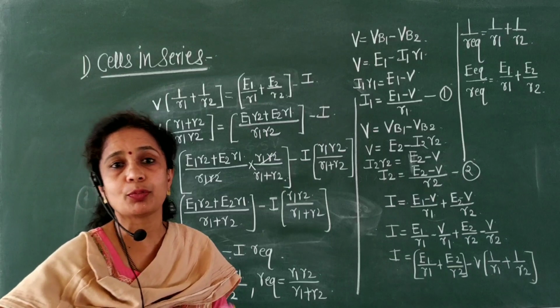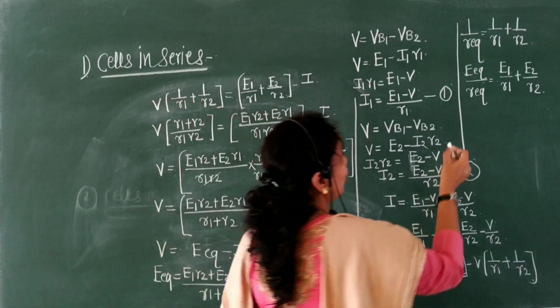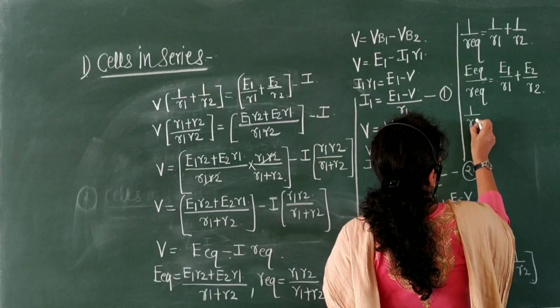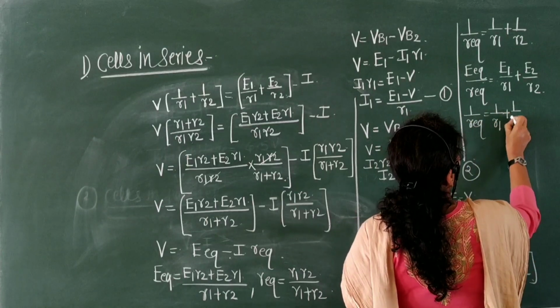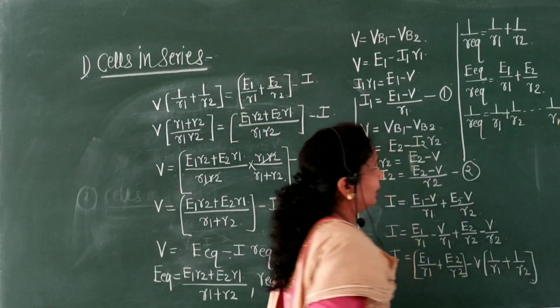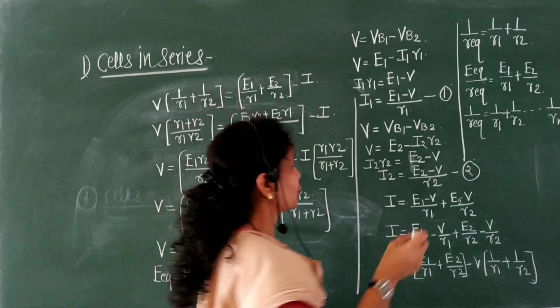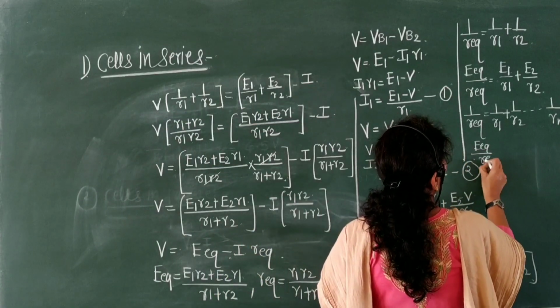And if a number of cells are connected in parallel, then what is the value of R equivalent? 1 upon R equivalent is equal to 1 upon R1 plus 1 upon R2 up to 1 upon Rn. And what is the ratio E equivalent upon R equivalent?